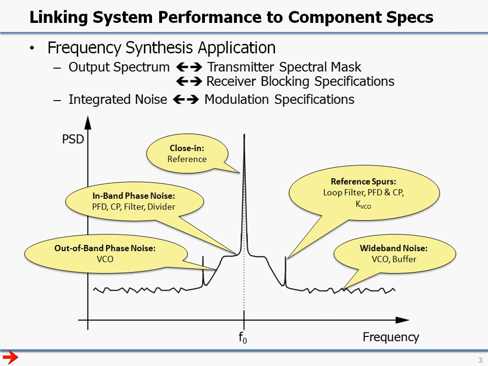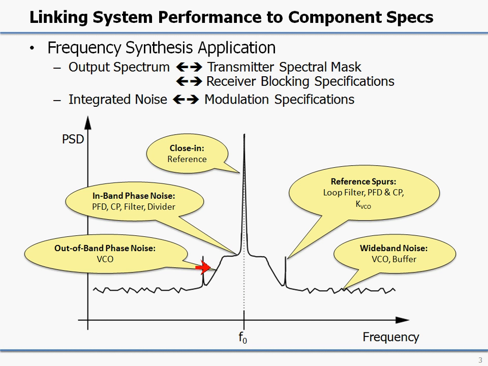So if you look at the output spectrum of a PLL, we have its center frequency f0. Around the center frequency, we find that the properties of the signal are largely determined by the reference signal. As we step away a little bit from the center frequency, we notice a noise pedestal, which is set by in-band phase noise. We're within the bandwidth of the PLL, and primarily the phase frequency detector, charge pump, filter, and divider contribute to this noise pedestal.